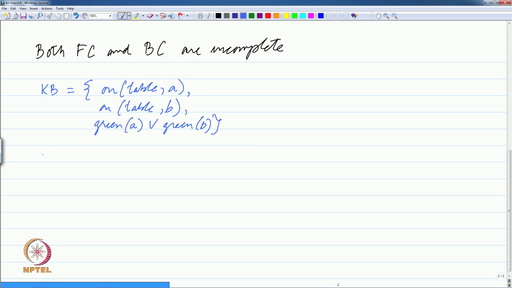And let us say our goal is to show that there exists something which is on the table and which is green.